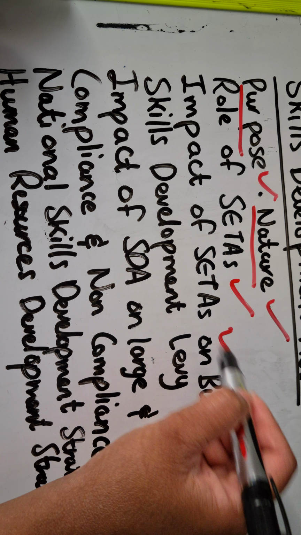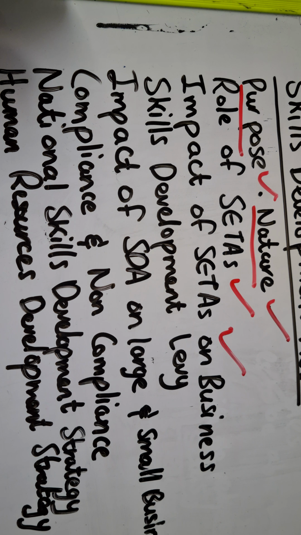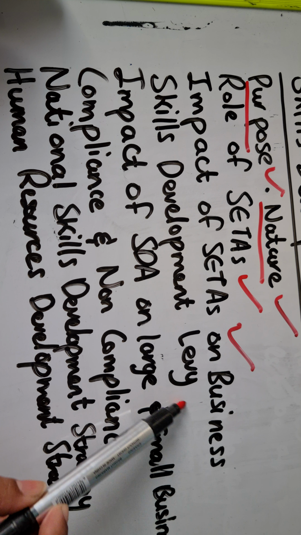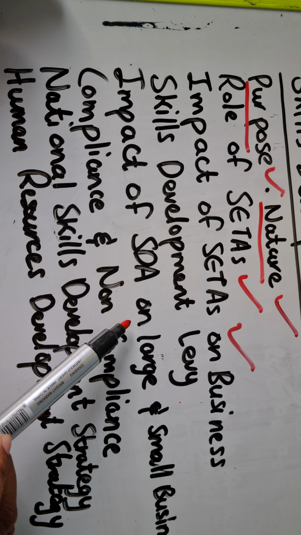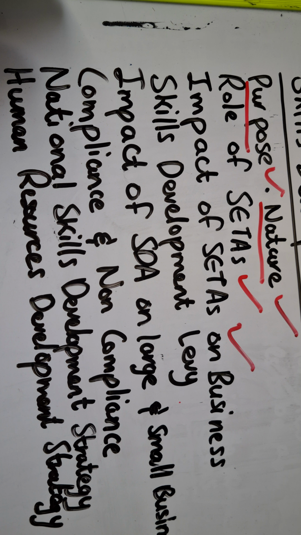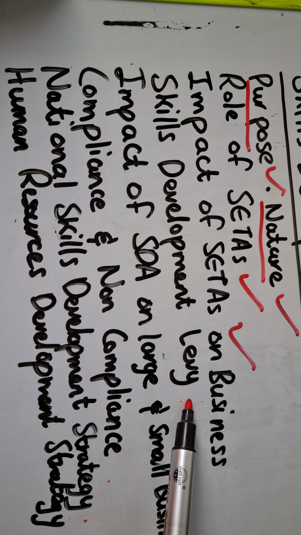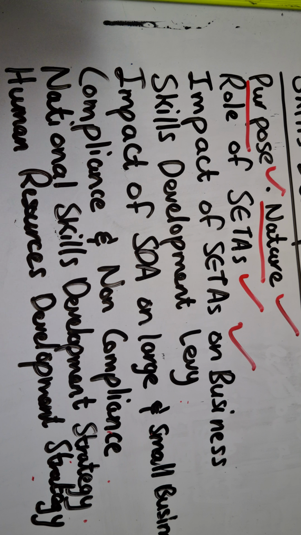We've covered the impact of SETAs on business. We still have to cover the skills development levy, the impact of the skills development on large and small businesses, compliance and non-compliance with the Skills Development Act, the National Skills Development Strategy, and the Human Resources Development Strategy. So these are the topics that we'll still need to cover under the Skills Development Act.